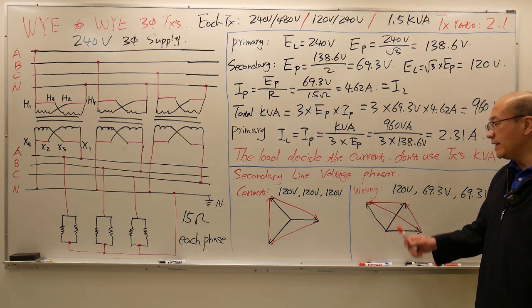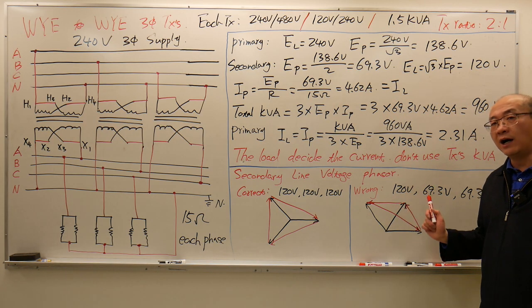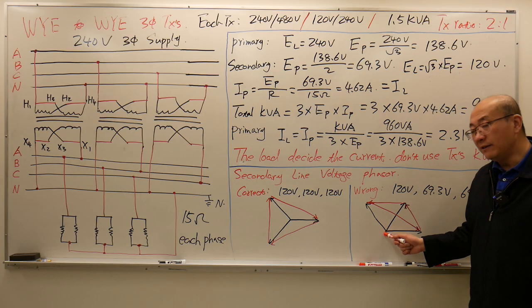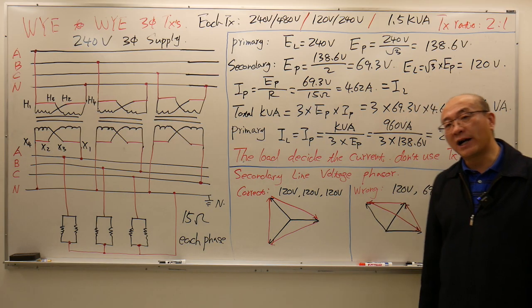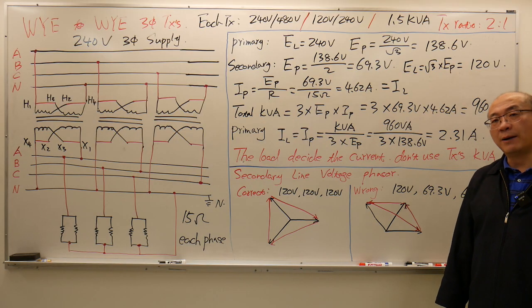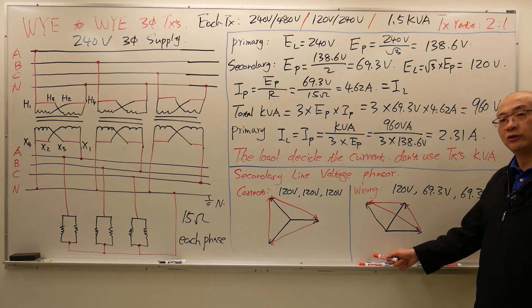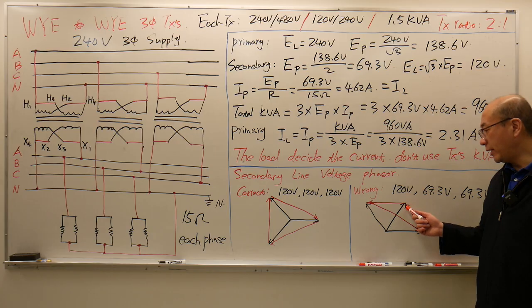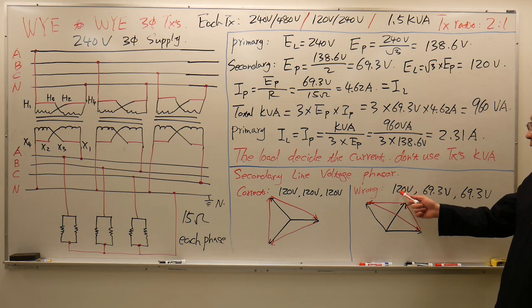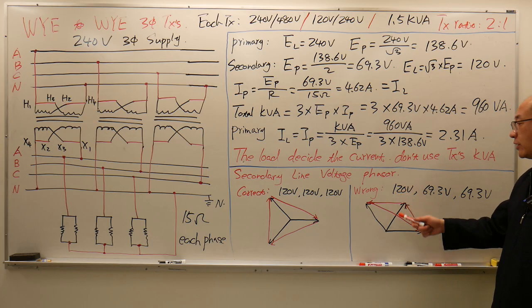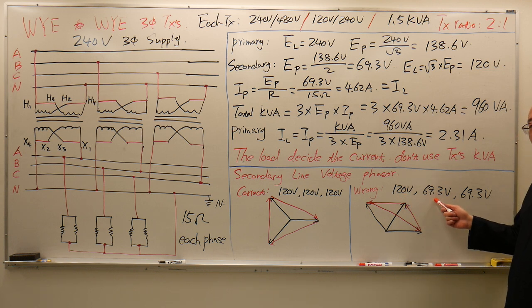If I connect any of the transformer windings wrong, then instead of that phase voltage going in the right direction, 120 degrees apart, one of the phase voltages will be flipped over to become 60 degrees apart between the three phase voltages. Then I will have an unbalanced secondary line voltage at 120, 69.3, 69.3.